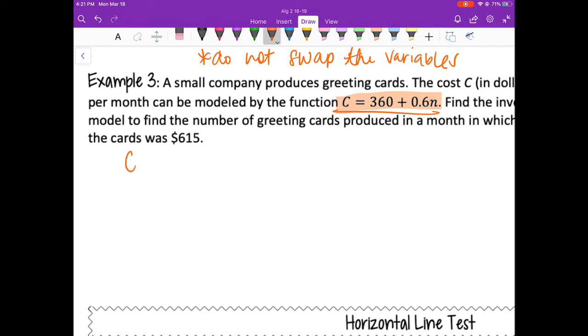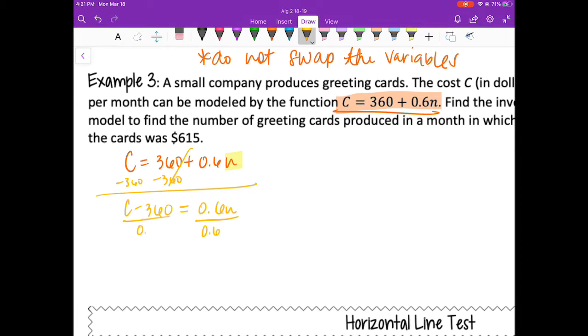So if we start with c equals 360 plus 0.6n, all we do is solve for our other variable. So we solve for n. If I'm going to find n, I need to get rid of this 360 and this 0.6. The 360 has to go first, so I subtract it from both sides. So c minus 360 equals 0.6n, and then to solve, we should divide by that 0.6.